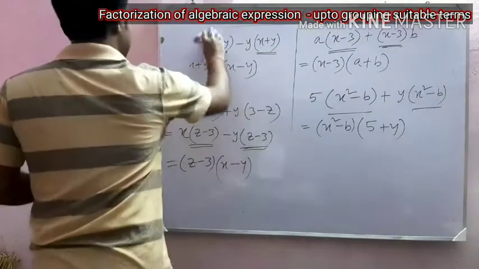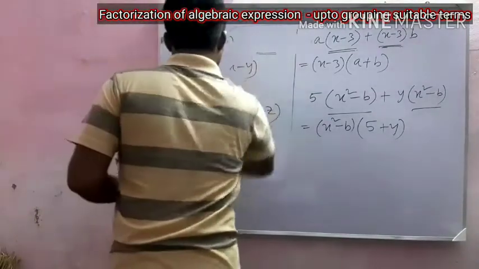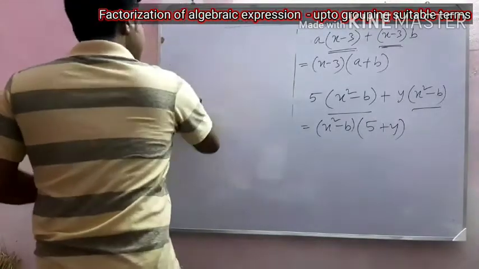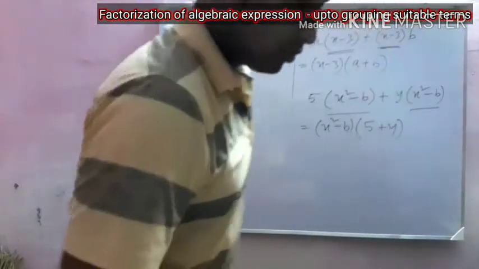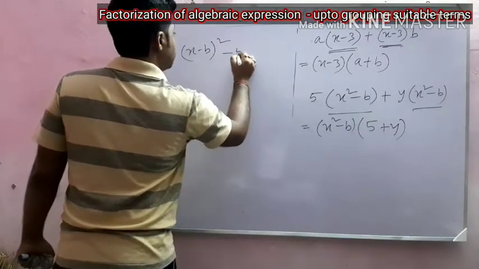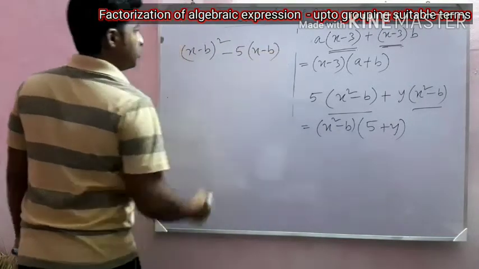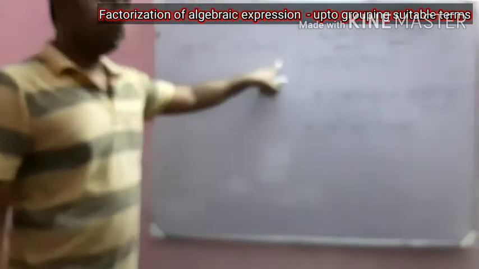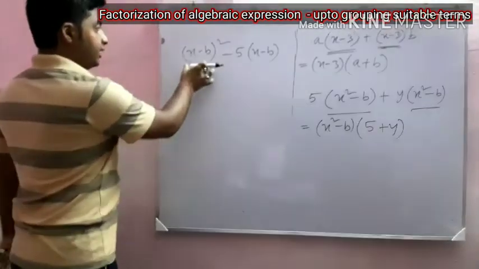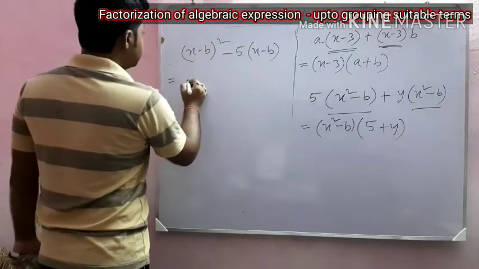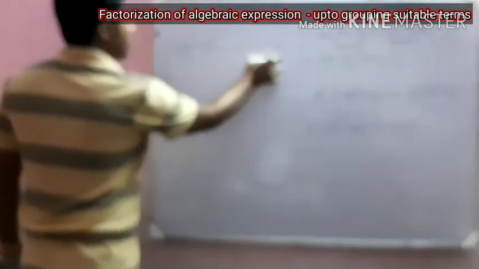Now let's take another example. x minus b whole square minus 5 into x minus b. We can easily see that the common term is x minus b, but here I have one square.